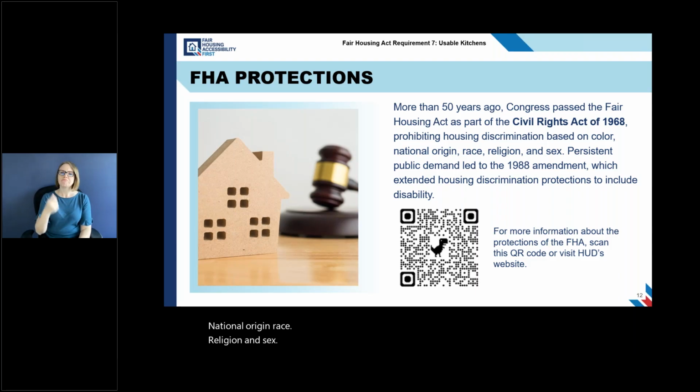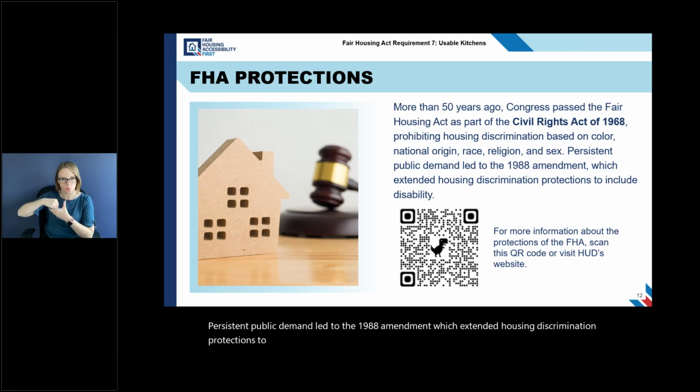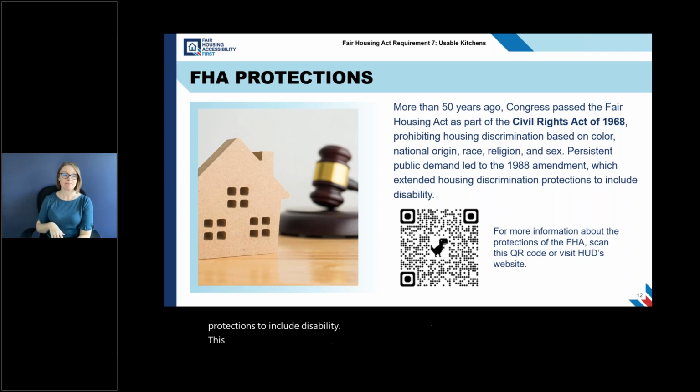Persistent public demand led to the 1988 amendment, which extended housing discrimination protections to include disability. This change ensured equal access to housing for people with disabilities, their households, and those associated with them.